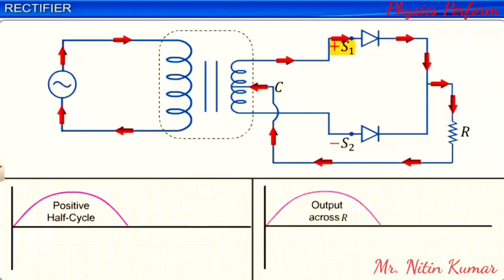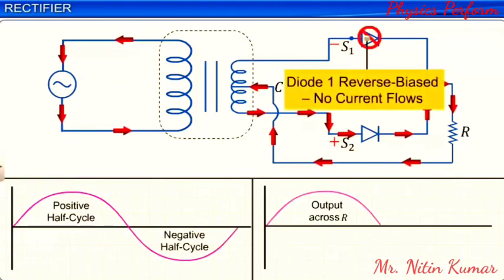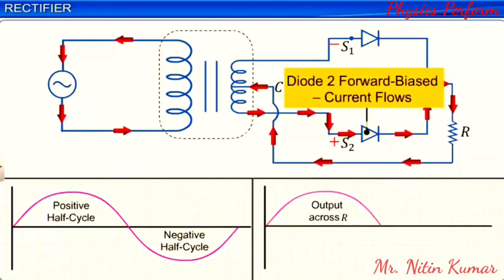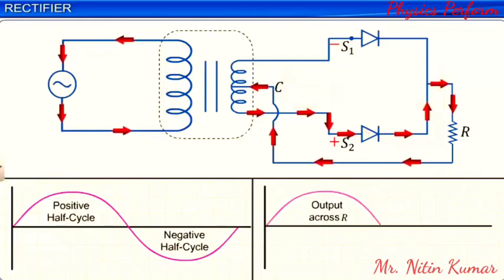Thus, during the negative half cycle, current flows through the load resistance R via diode 2 and center tap C, and we receive a voltage output across R. Thus, a combination of the two diodes produces more continuous pulses of rectified voltage across the load resistance R.